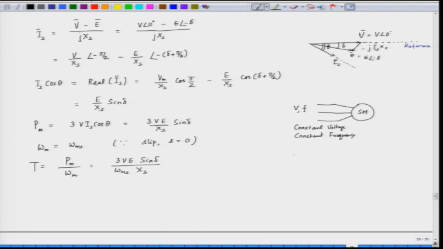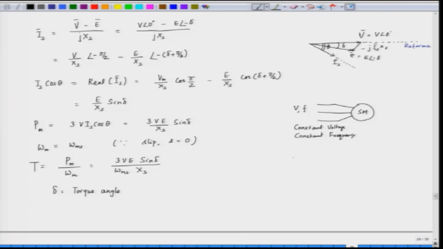So, in this case we can plot this torque versus delta. Delta is called the torque angle. It means as we go on varying delta, the torque will be changed. The voltage is constant, the field is constant, the frequency is constant, the speed is constant.